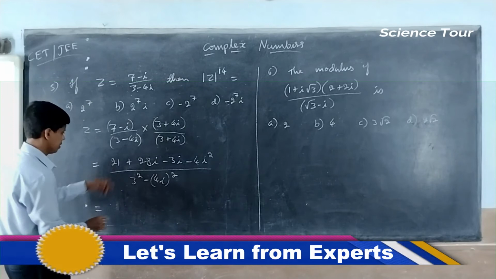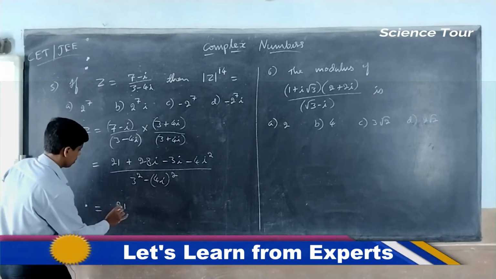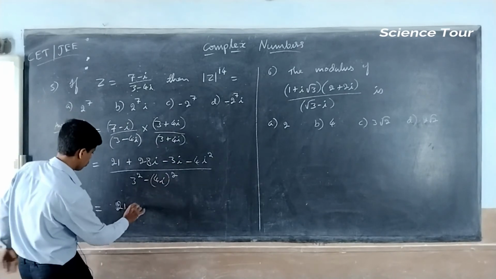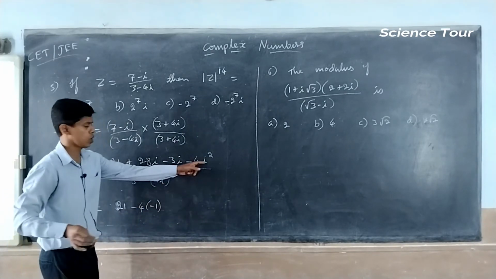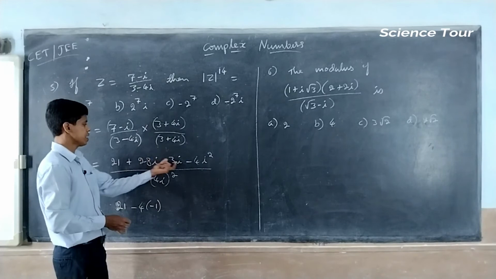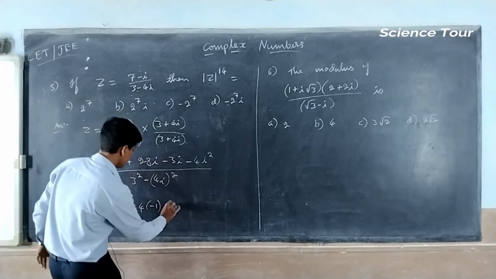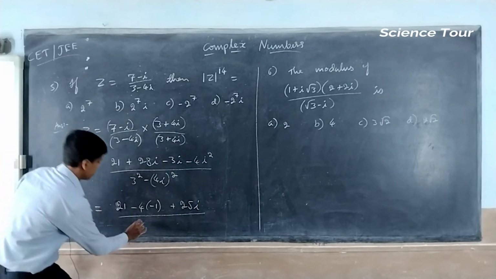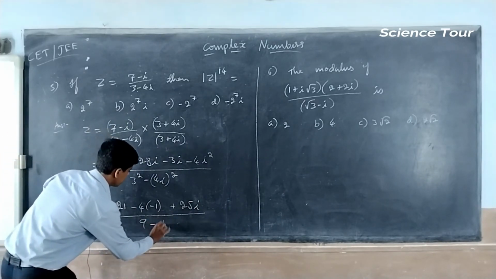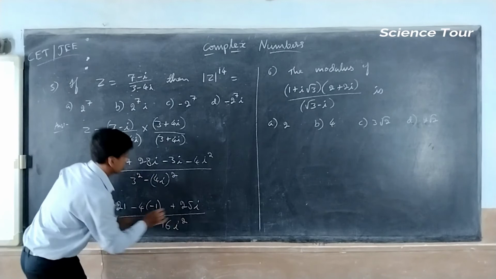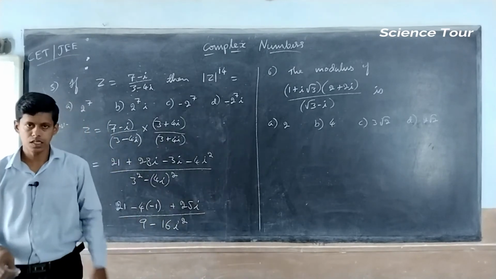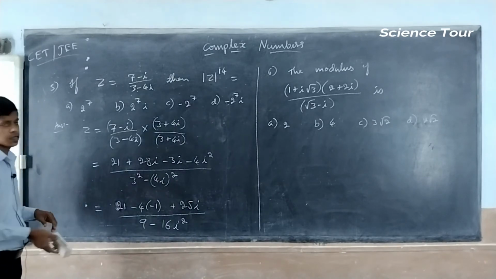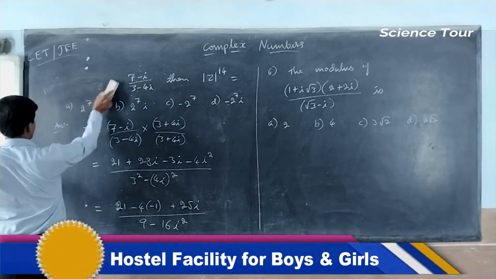So that's like 21 and then minus 4 into minus 1, the value of i square, and 28 minus 3 is 25i, divided by 9 minus 16 i square. Okay, so let's continue.